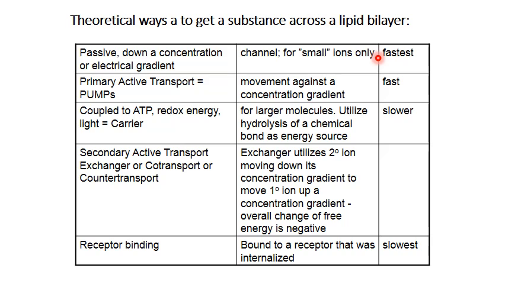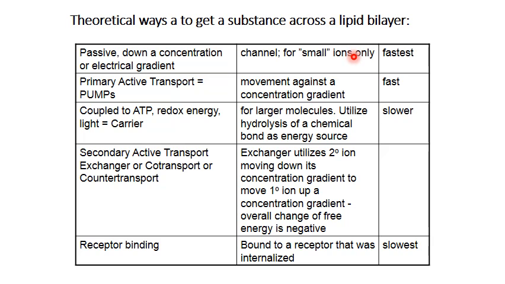You've already looked at voltage-dependent channels, or channels that might be open in some other ligand-gated way. But the equilibrium calculations from a Nernst kind of behavior certainly is the fastest way for substances, especially small ions, to get across a lipid bilayer.